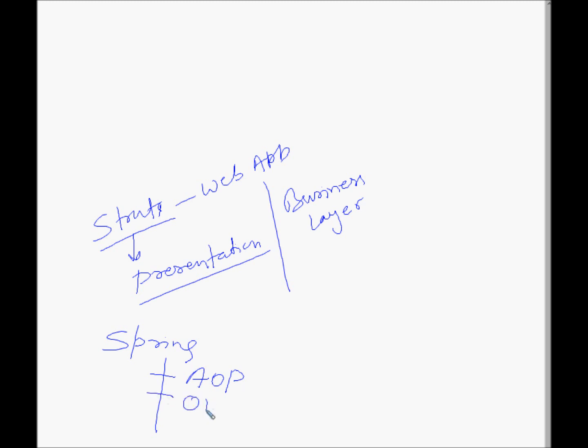Second, it has a support of ORM, object relational mapping, right? And it has a support for web MVC. We can implement model view controller based web application. It has a support of DAO. It has a support of Webflow, something like that. And there's a Spring context, several sub frameworks.